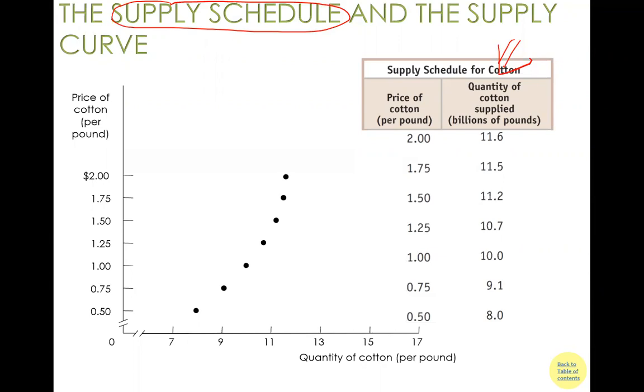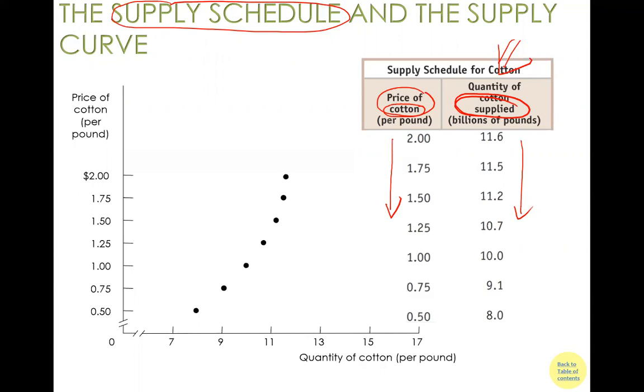But now we are going to look at how quantity supplied changes with the price of the commodity. And here the commodity is cotton. Now you're going to see, when the price decreases, what happens? The quantity supplied will decrease as well. Okay? So this is the supply schedule.